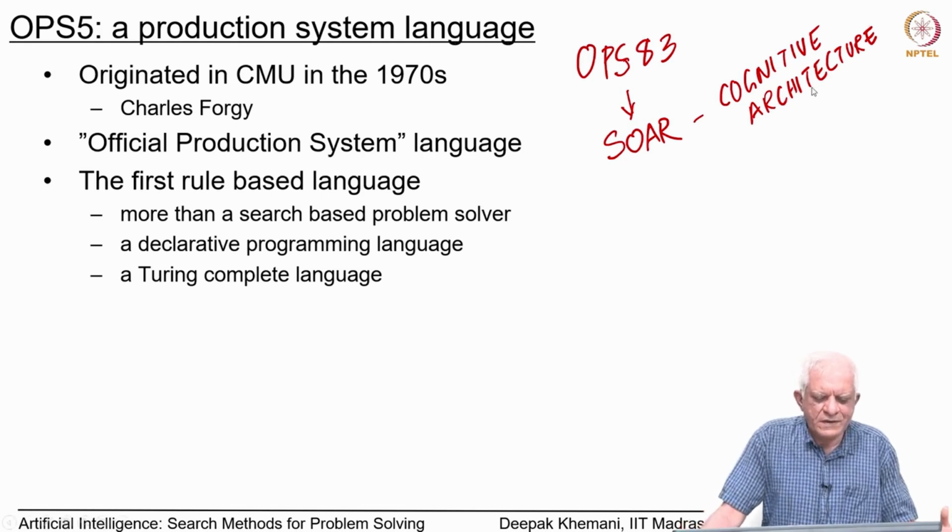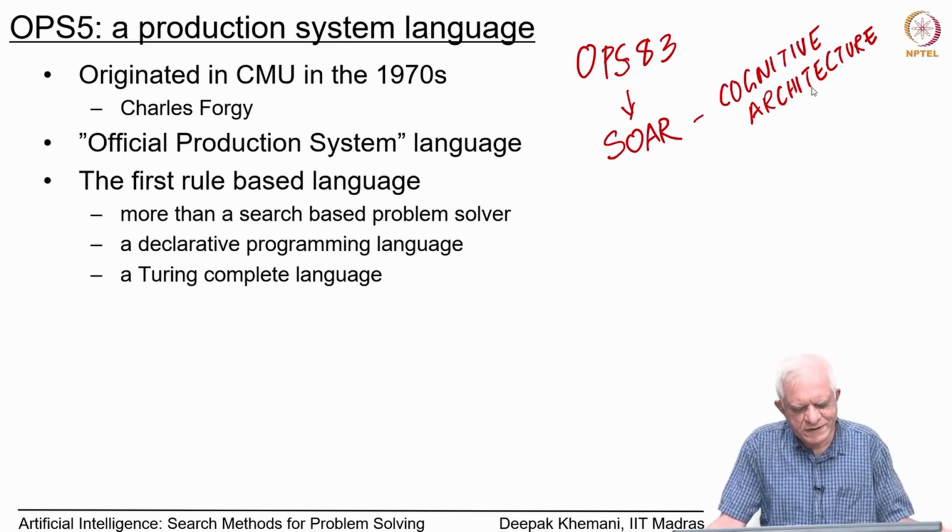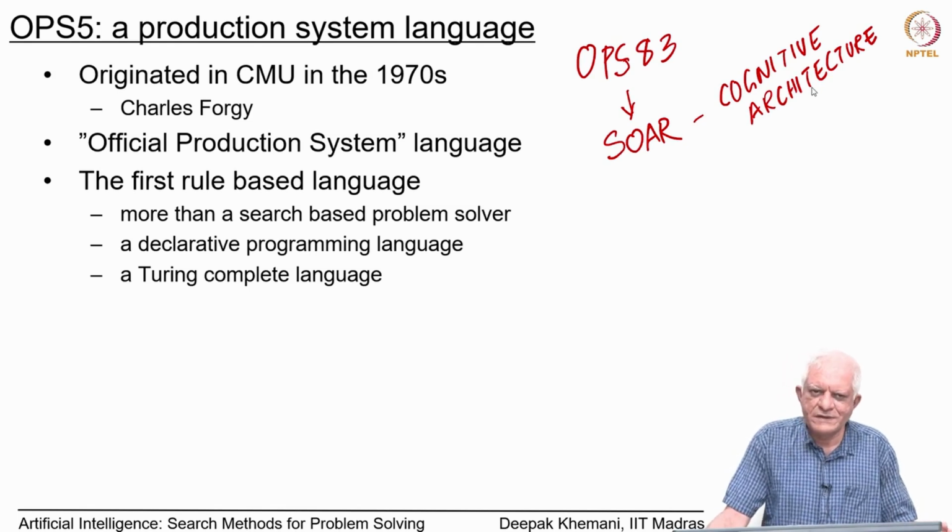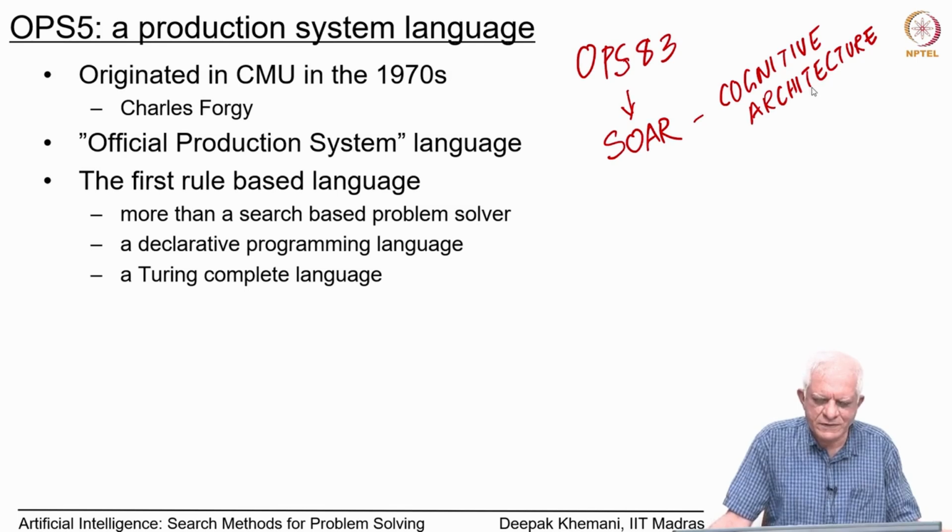OPS5 was the first rule based language that was devised, the first forward chaining rule based language I should say. We will see that the backward chaining languages like Prolog, which some of you must be familiar with, were devised independently of this in a different part of the world, mostly in UK and France.